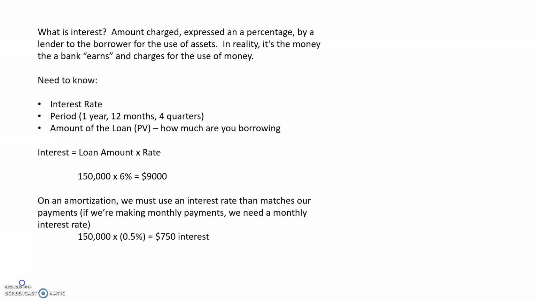Simple interest is just the loan amount times the rate. So in the example here, a $150,000 loan at 6%, we'd pay $9,000 a year in interest. That's simple interest. Because we're doing an amortization and paying down the principal every month, we need to calculate interest a little differently, and we're going to focus on monthly payments.